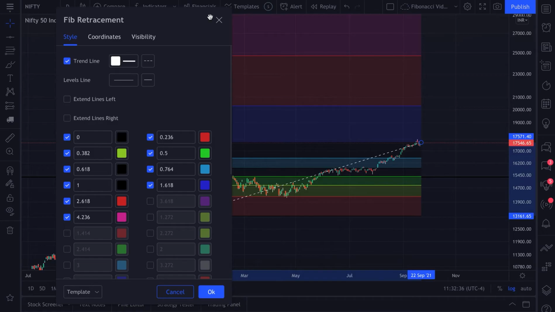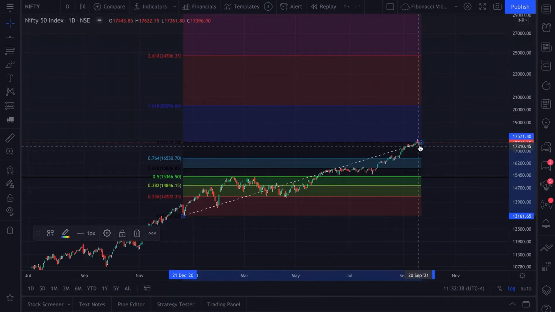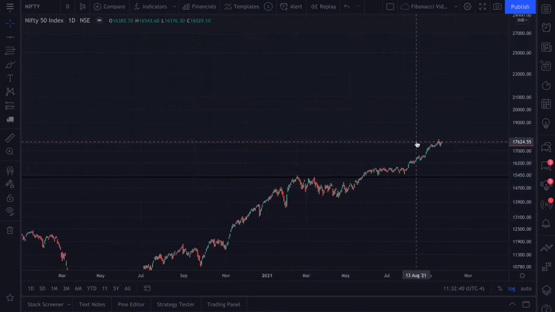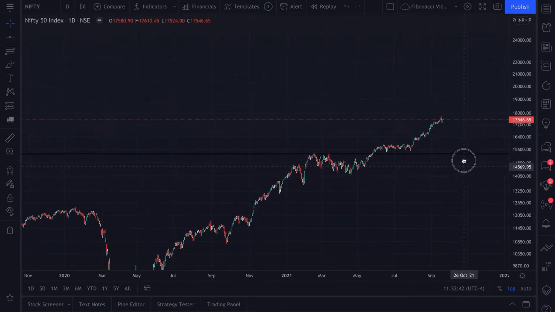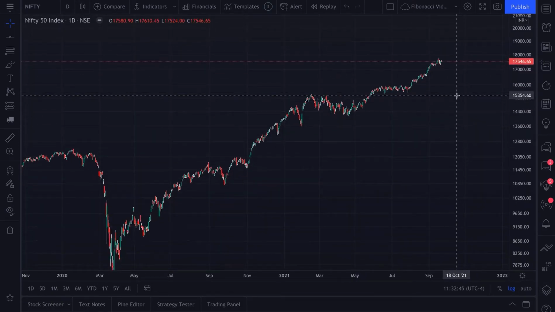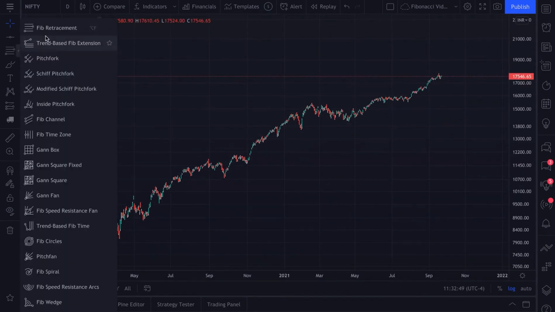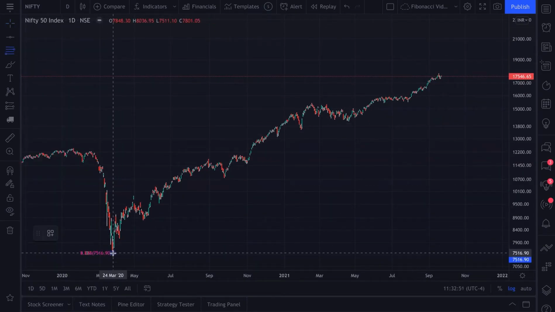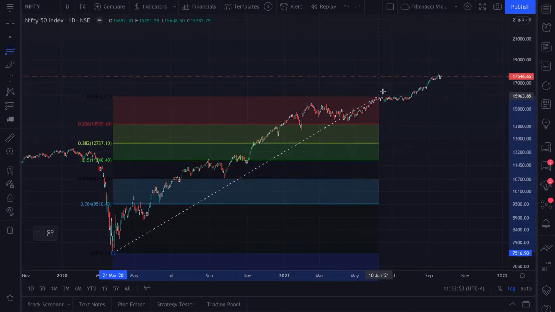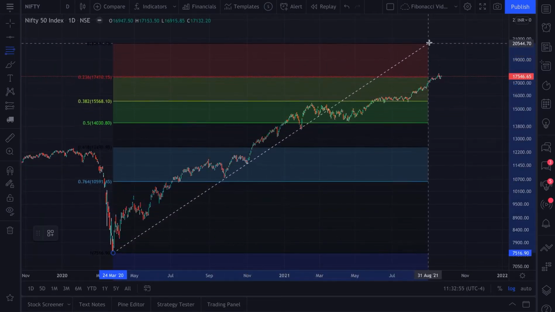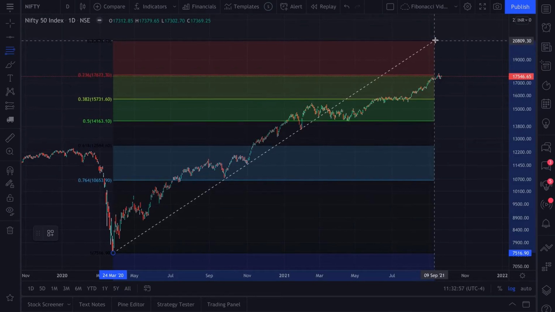What's also pretty cool about this is you can actually draw another method. We don't know many people who do this, but it's one way you could think about it. You can now draw your Fibonacci retracement over the trend lines, kind of doing a trend line based Fibonacci retracement.